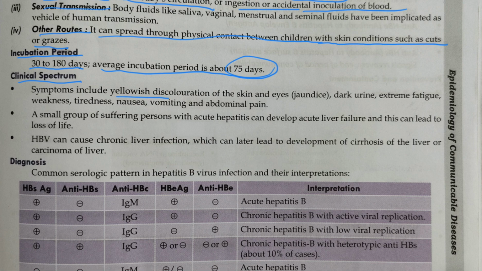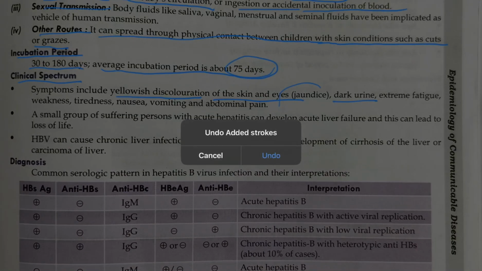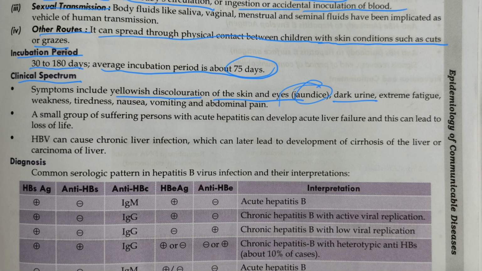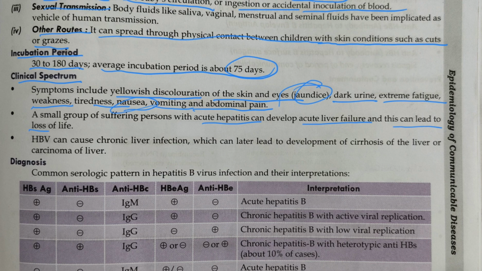Symptoms include yellowish discoloration of the skin and eyes, jaundice, dark urine, extreme fatigue, weakness, tiredness, nausea, vomiting, and abdominal pain. A small group of persons suffering with acute hepatitis can develop acute liver failure. This can lead to loss of life. Okay.